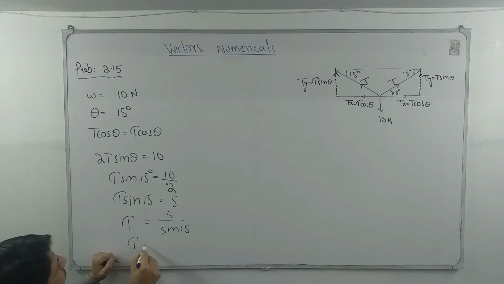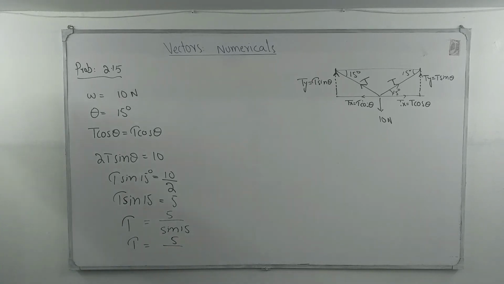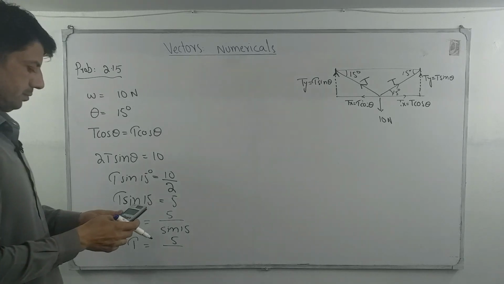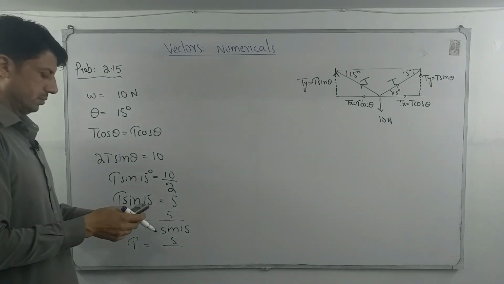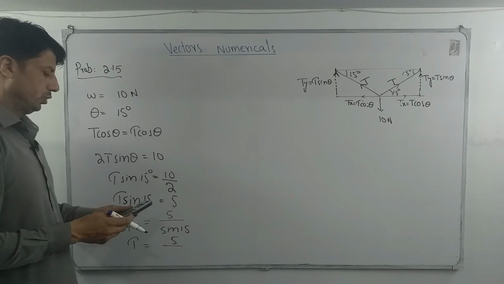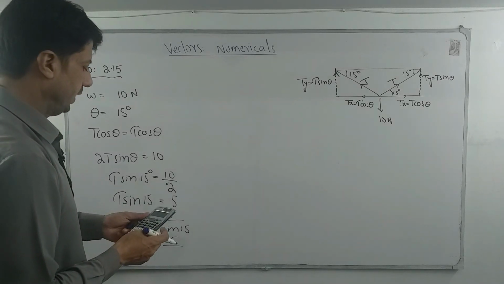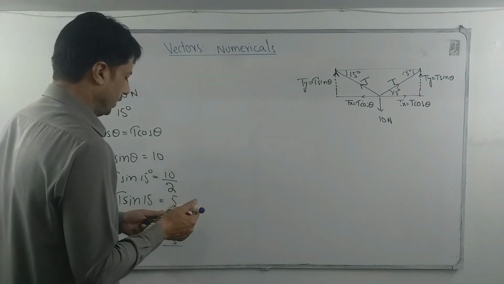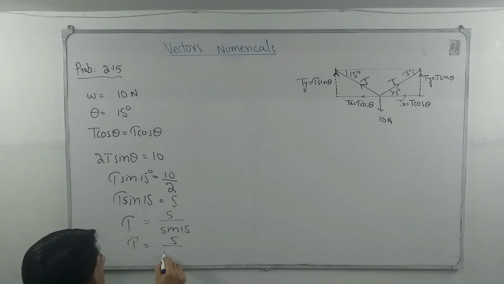The value of sine 15 is 0.2588, so we can write 0.26.